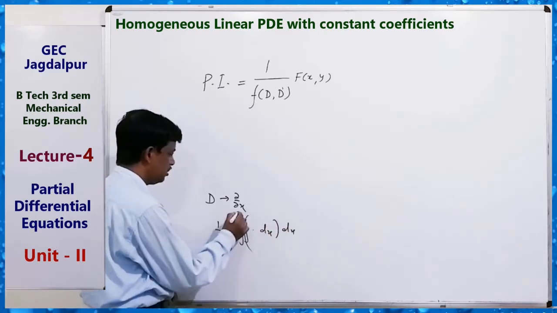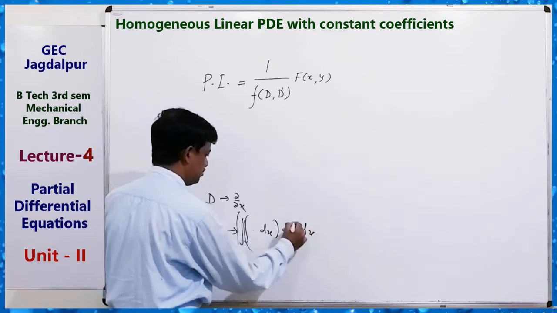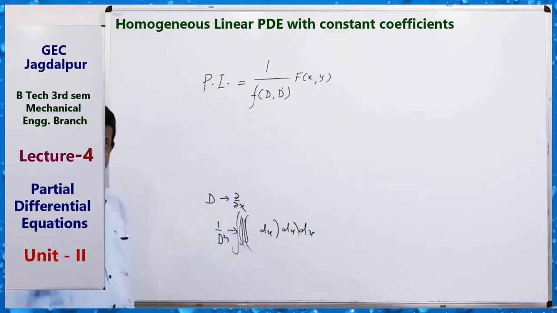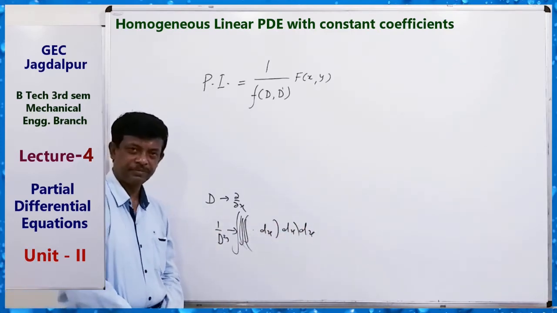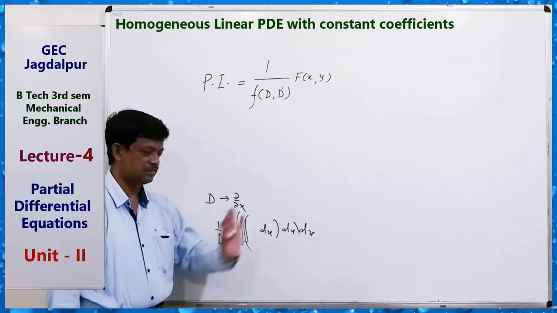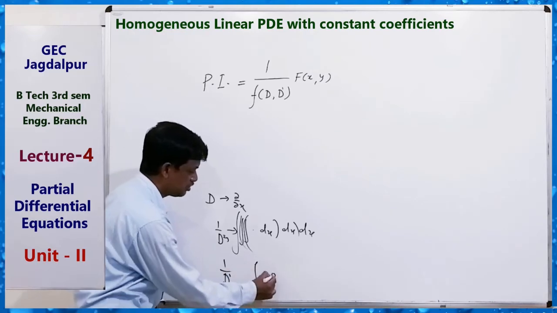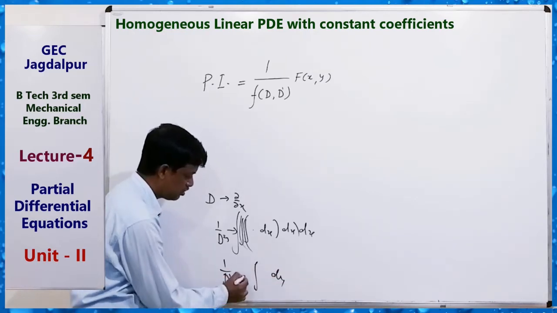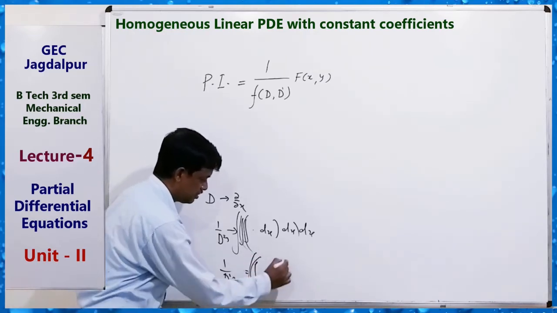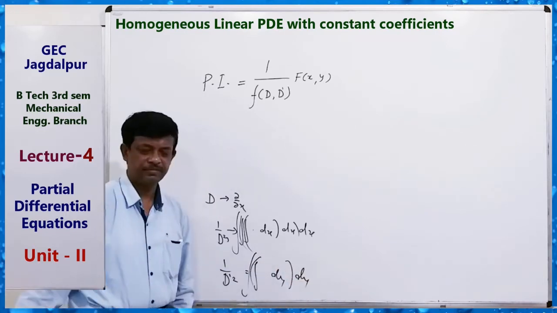If D cube, then 3 times integration, with respect to x. 1 by D dash means integration with respect to y. D dash square means double integration with respect to y.